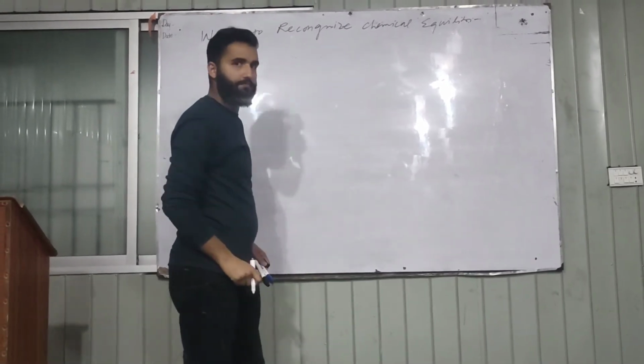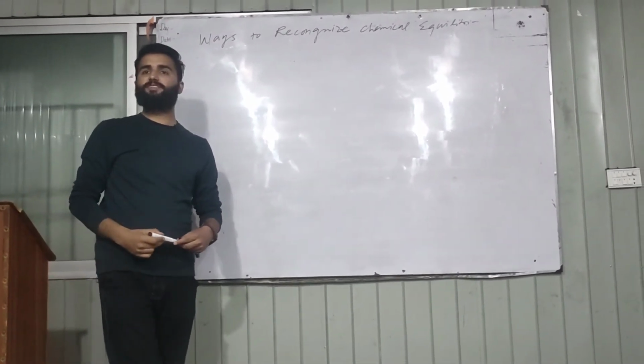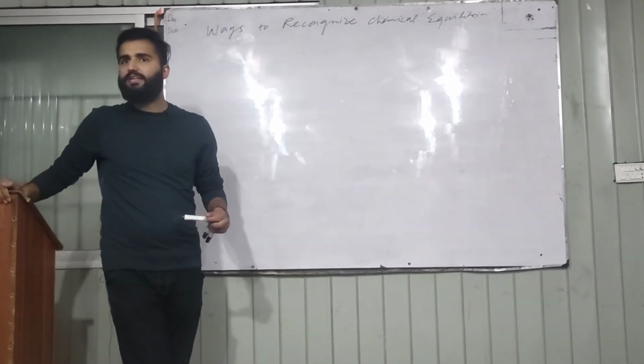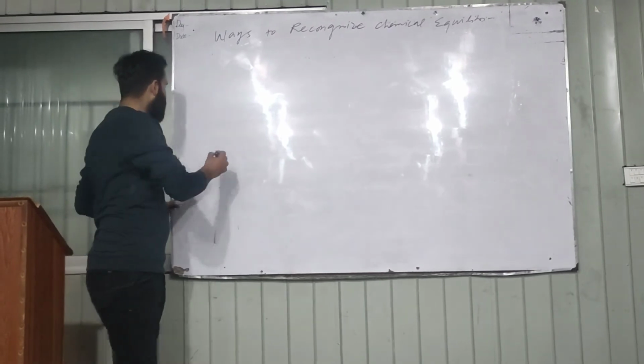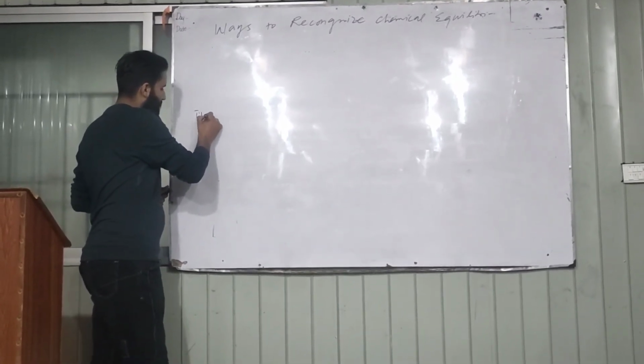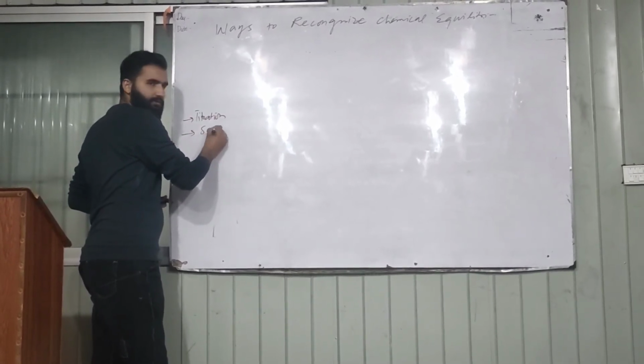So there are two ways to recognize chemical equilibrium. One is a physical method and the other is a chemical method. We can recognize chemical equilibrium by using titration, and the second method is spectroscopic techniques.